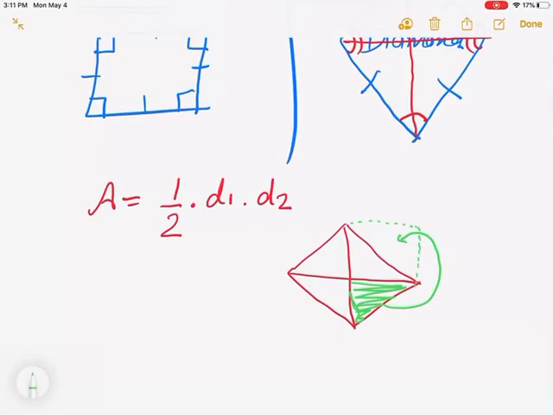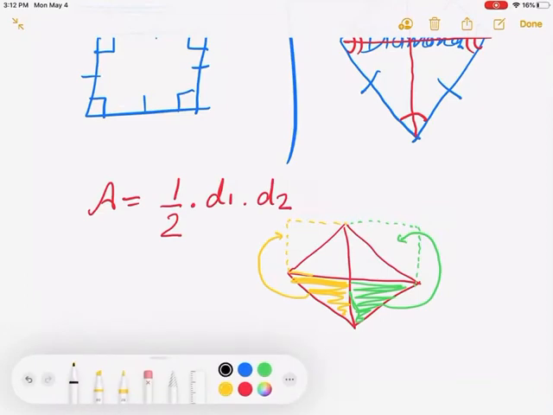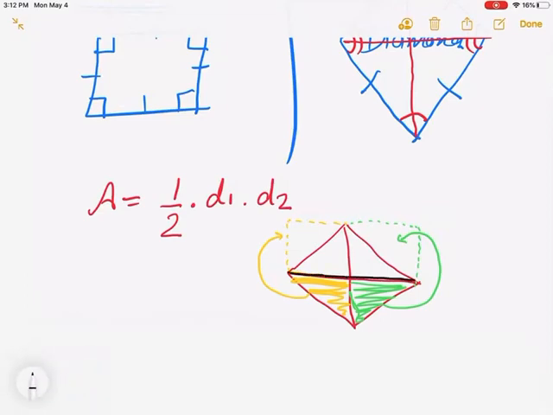Same thing on this side. If I take this piece and place it on top of this triangle. So what I see is, let me just outline this. So finally what I have is a shape that looks like this. I hope this makes sense to you.